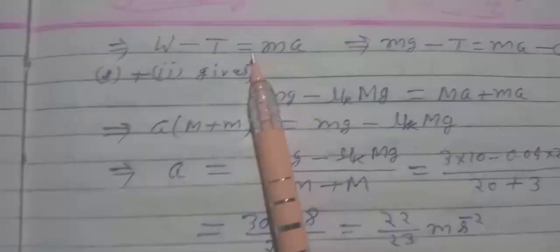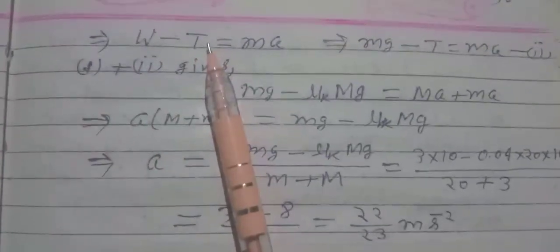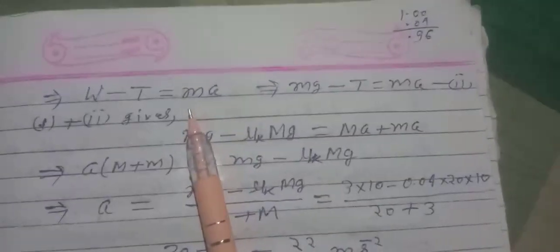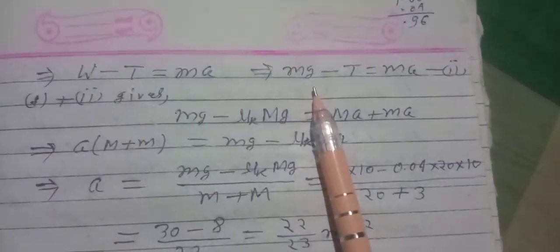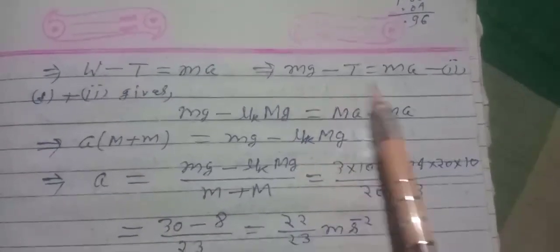Now we have W minus T equals ma. We have taken the downward direction as positive, so W is positive and T is negative, and W is equal to mg, so mg minus T equals ma.